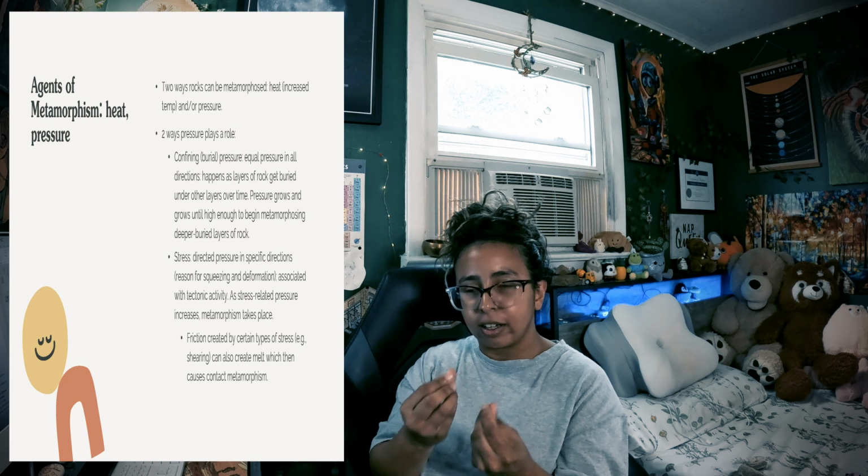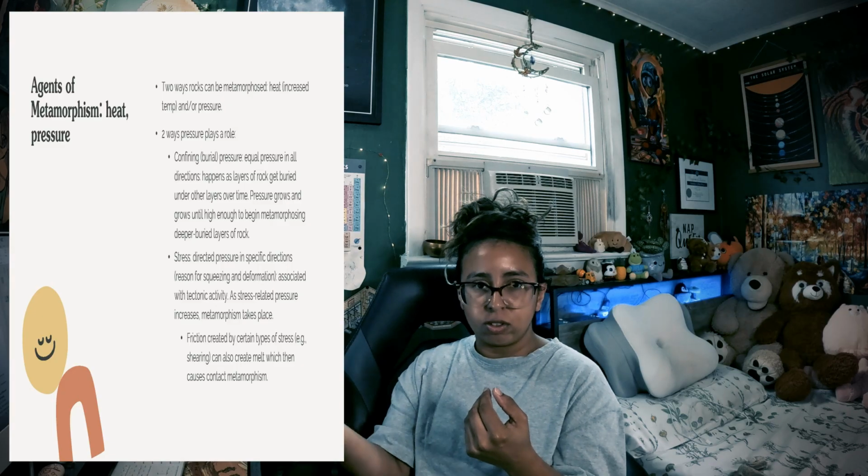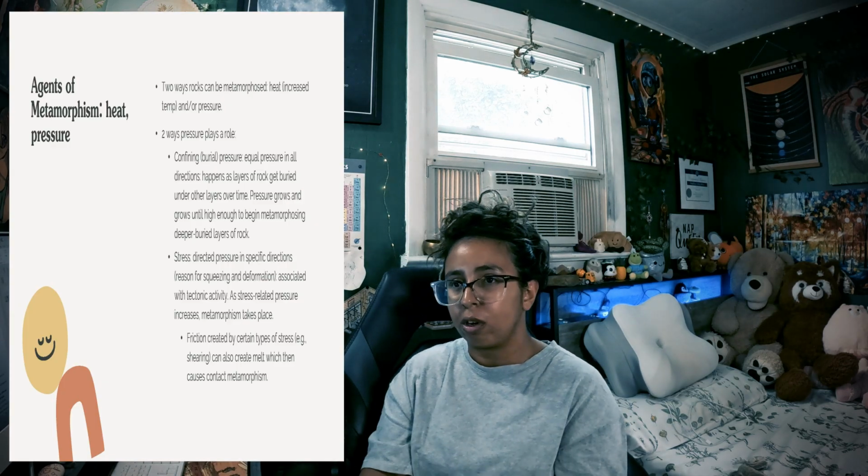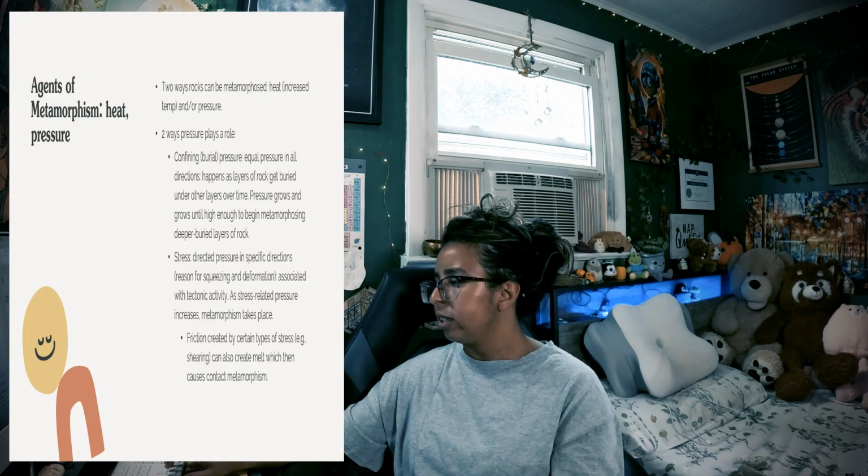So as this is happening, rocks are being ground into a very fine dust type of material, and that causes not only melt to occur as the friction increases, rocks can melt, and then that can cause other rocks nearby to be baked, but it can also create something called mylonites, which are very, very finely grained metamorphic rocks. And I think I mentioned the mylonites later as well in the slide, so don't be surprised if you see that show up again.